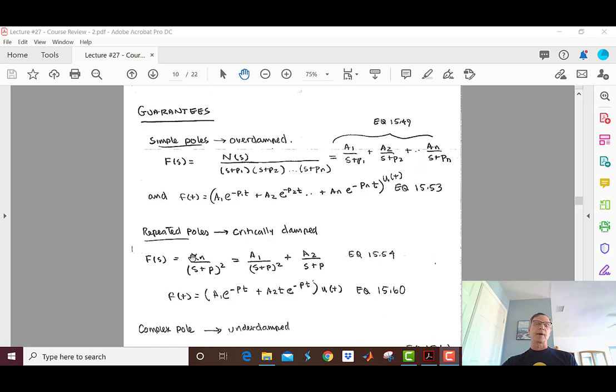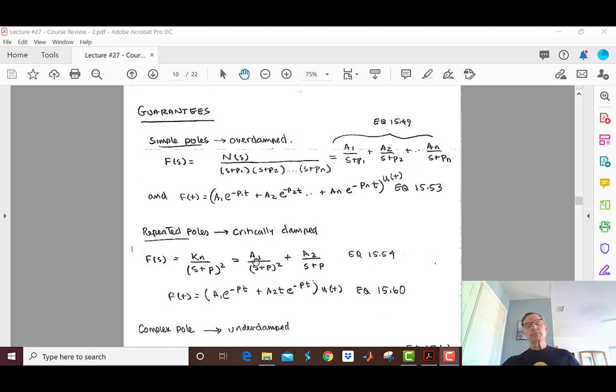And this could be just about any numerator. And the guarantee is that you can represent it as A1 divided by (s plus p) squared plus A2 divided by (s plus p). And of course, if there are more simple poles here, you're just going to get more simple poles here. And you'll see that in this equation in the book. I'm just showing the critically damped part.